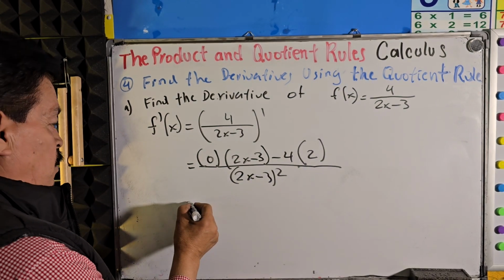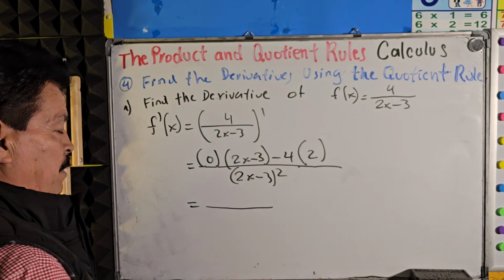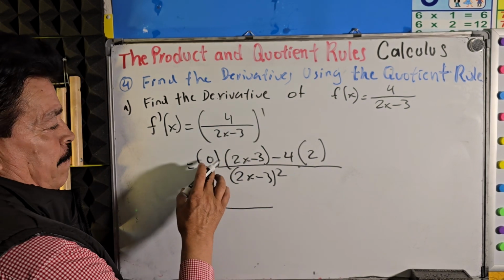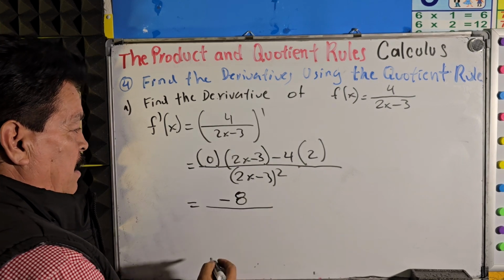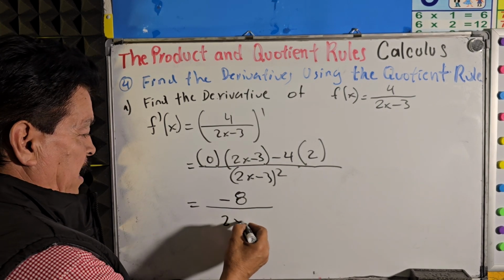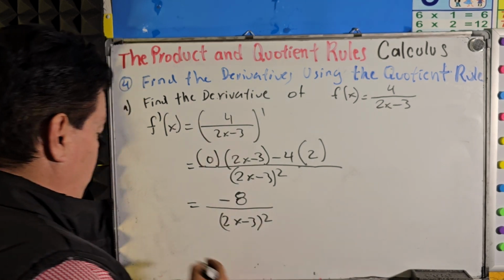All right, so here you simplify, we will have here, this is 0, cancel, so it's going to be negative 8 divided by 2x minus 3 to the second power. That's the simplest form.